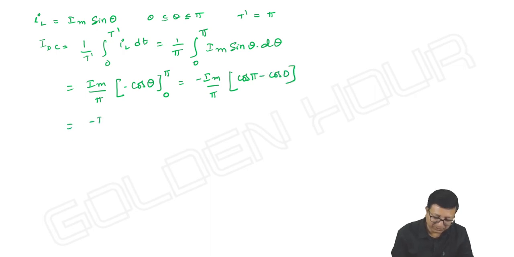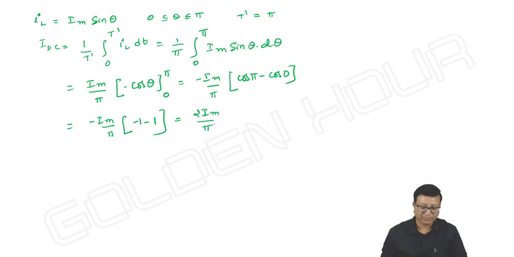So how much do we get? Cos pi is minus 1 and cos 0 is 1. So ultimately it is 2 Im by pi. That's it. We are getting it. But without all these calculations, just like that we did so. Just by observing the waveforms, we can write the answer.